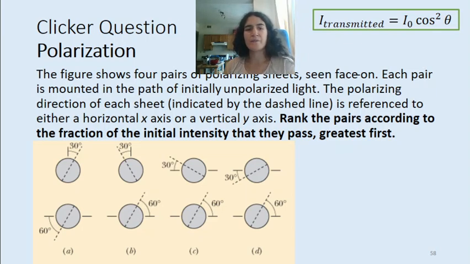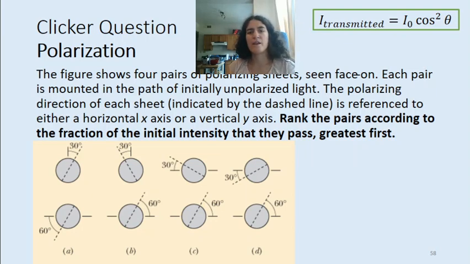Okay, so let's first talk about part A. It's saying that I'm 30 degrees from the vertical here, and I'm 60 degrees from the horizontal here. But this is kind of just a tricky way of saying that these two axes are parallel to each other, right? So I would expect to have the maximum amount of intensity through in part A. So I would expect I sub A to be the greatest.